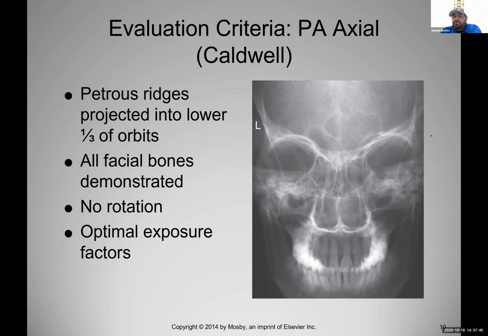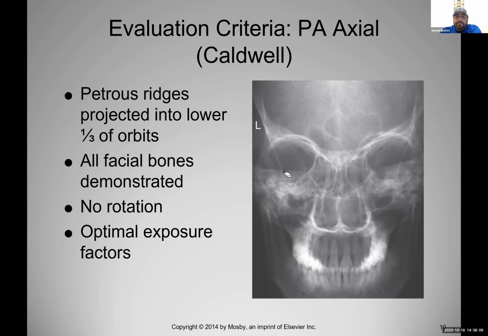And basically just look for structures that should be symmetrical, like the orbits. Do the orbits look symmetrical? Yeah, they do. You have this half over here where the nasal bones are, or the bony nasal septum and all that is. So if all that looks symmetrical, then there's no rotation. You can also use the ridges. If these pyramids look the same, then there's no rotation.